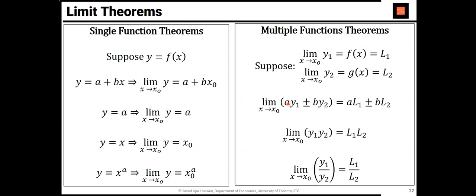What's the limit of a times y1 plus or minus b times y2? Well, lo and behold, it is a times the limit of y1 plus or minus b times the limit of y2. The limit of two functions multiplied, where each of them has limits L1, L2, is simply the product, and quotients work exactly the same way.